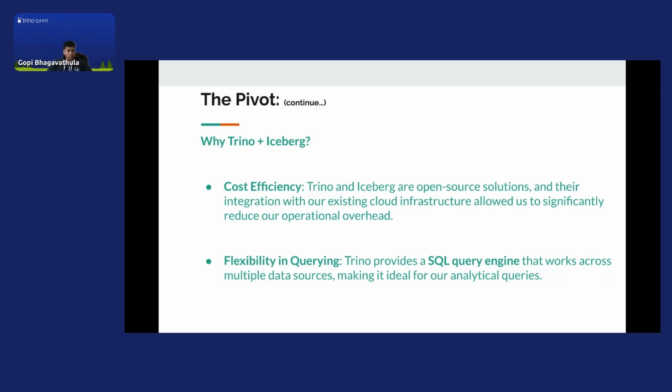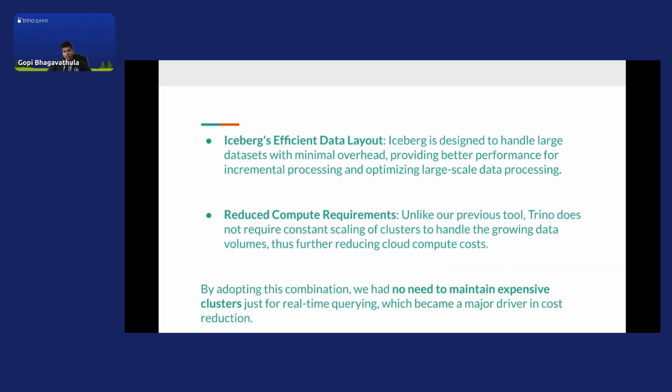Why? The major driver behind it is the cost efficiency. Trino and Iceberg are open source solutions, and their integration with our existing cloud infrastructure allowed us to significantly reduce our operational overhead. And then flexibility in query. Trino, as you're all aware, provides a SQL query engine that works across multiple data sources, making it ideal for our analytical queries. Iceberg's efficient data layout.